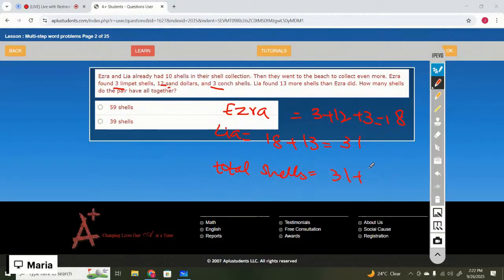They are 31 plus 18, and they already have 10 shells, plus 10.